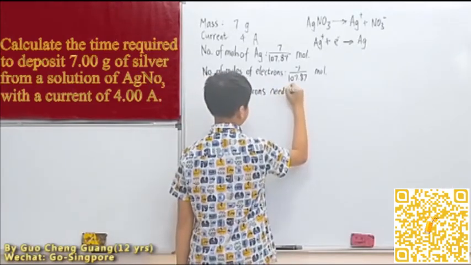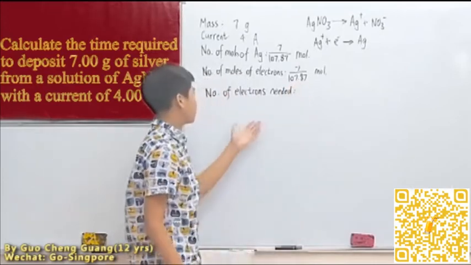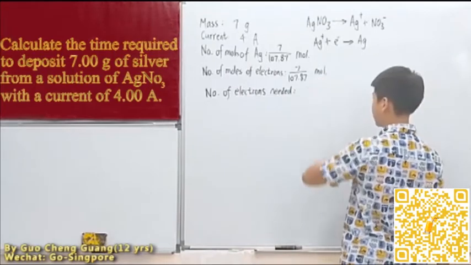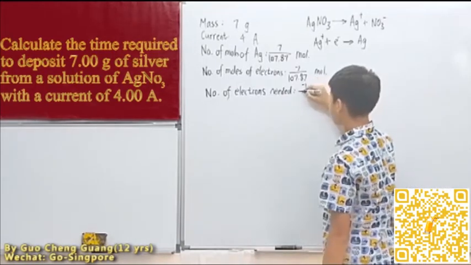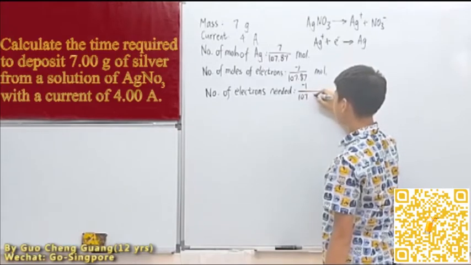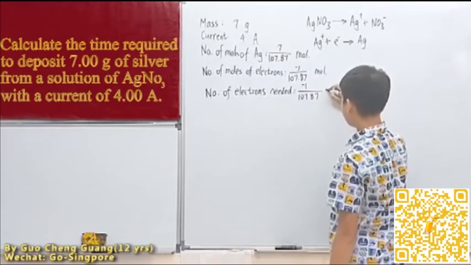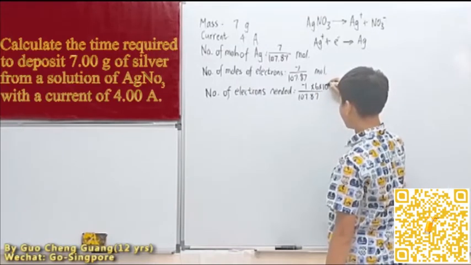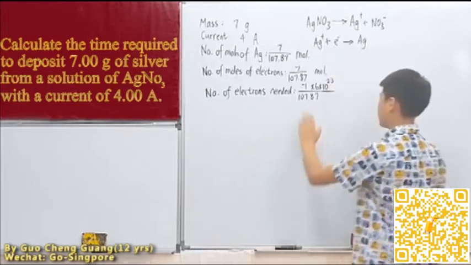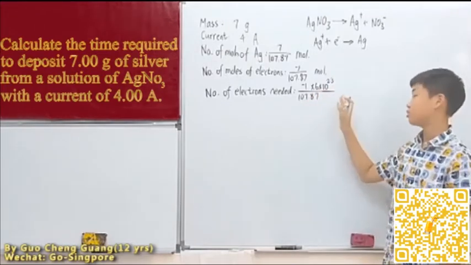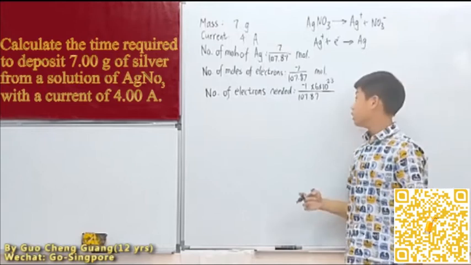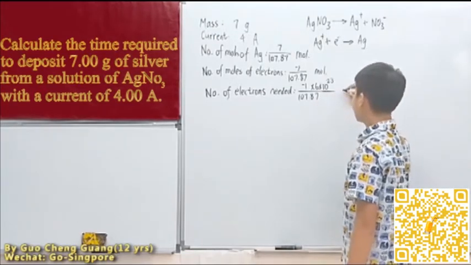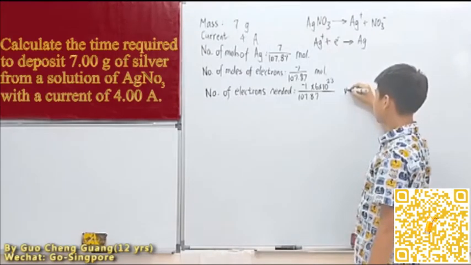There are different ways of writing this. We have to times the Avogadro's number to this part, so you get 7 over 107.87, then times 6 times 10 to the power of 23, which is what we're using for Avogadro's number. So here it is the number of electrons.